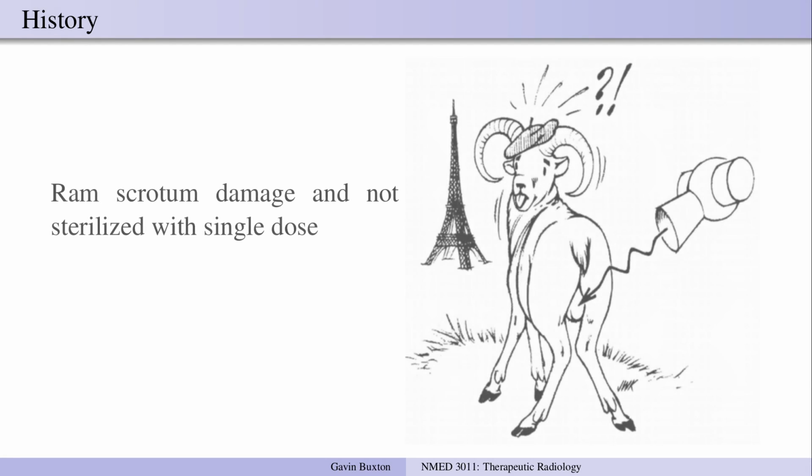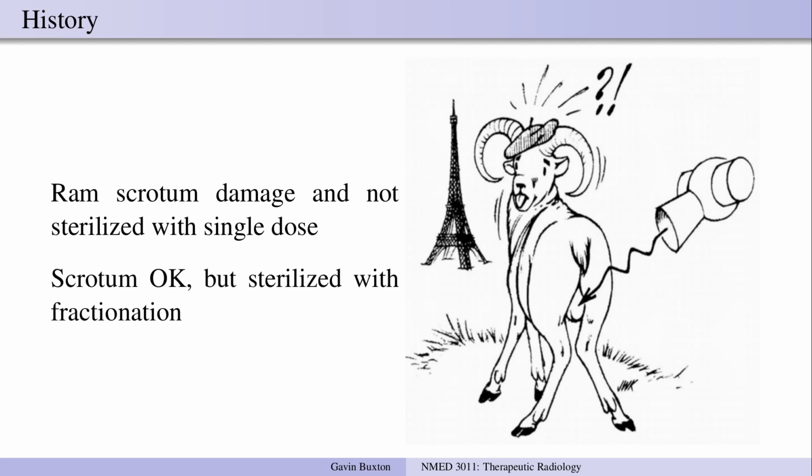Multi-fraction radiotherapy was originally based on experiments in the 1920s in Paris, where they really didn't understand the mechanisms at play. They found that with a single high dose of radiation, a ram could be sterilized, but would have extensive skin damage.